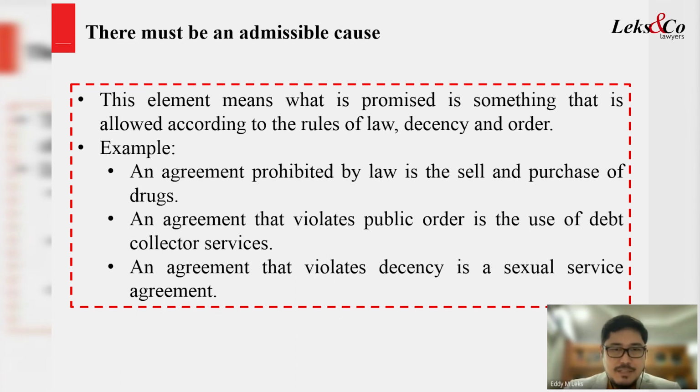The fourth element, I think we touched on it briefly last week, right? When we were talking about the freedom of contract principle, there is a limitation of the freedom of contract principle, and that is admissible cause.